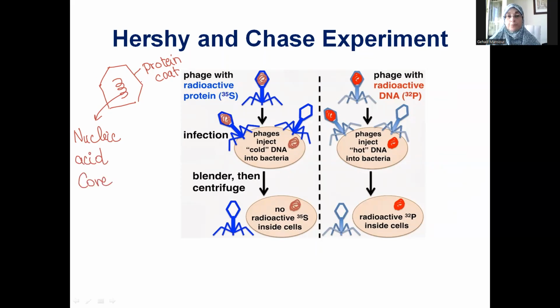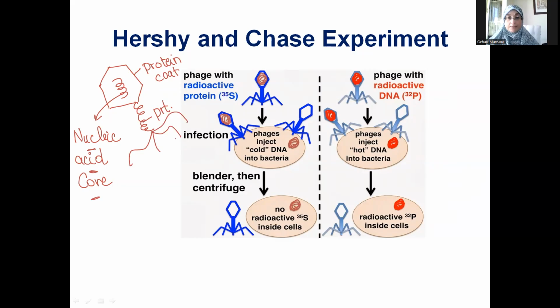So here we have the protein coat, and here we have the nucleic acid core. And then we have a tail, and that tail is made of proteins, and the tail has appendages.